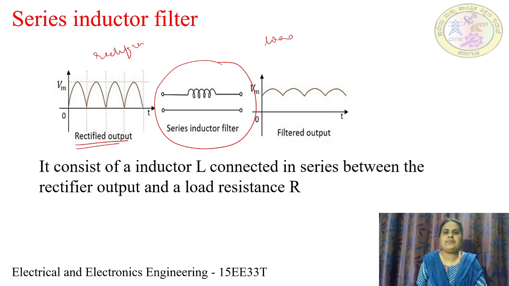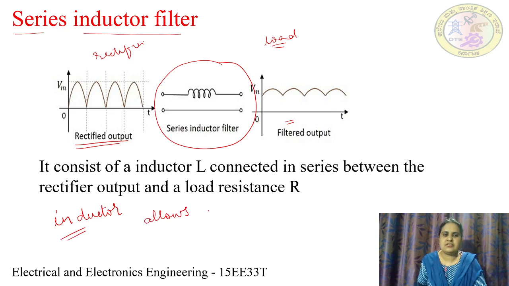Between the load and the rectifier, we are connecting an inductor in series, therefore it is called a series inductor filter. And the type of output we are getting is shown to us. What is the work of an inductor? We have already studied that an inductor allows DC and blocks AC.